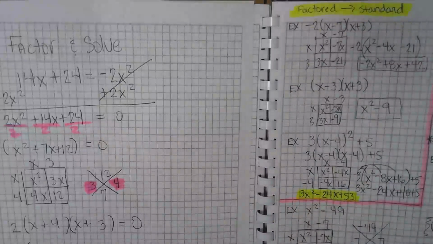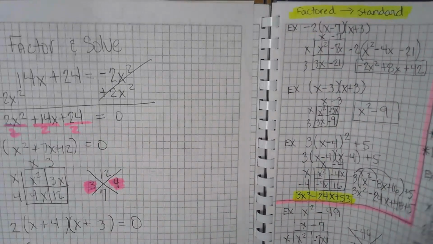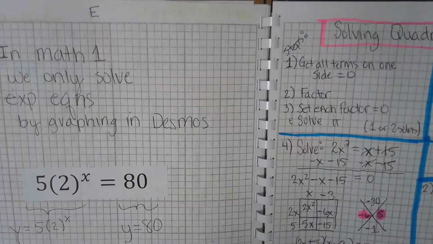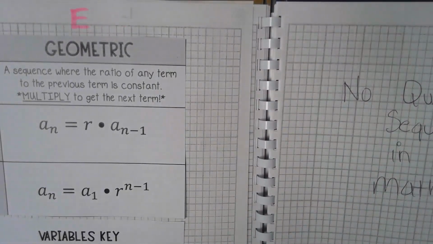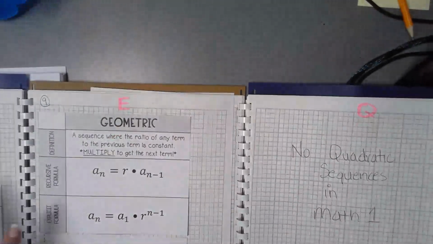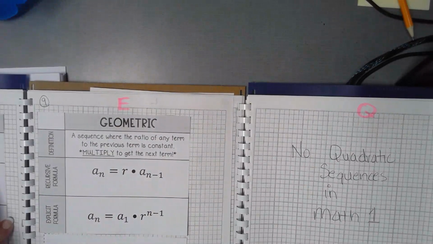Okay, so let's see where we were. Okay, there's 8, solving quadratics. Then 9 is where we had our formulas for the geometric sequence. Page 9 all the way across.